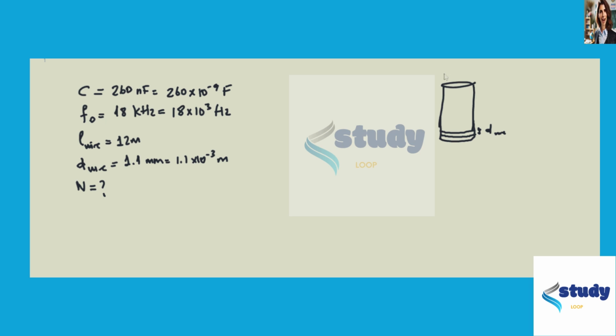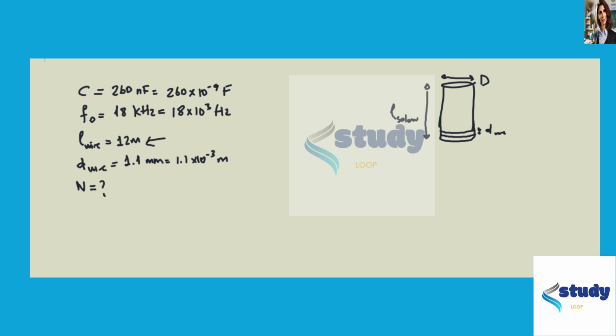The cross-sectional diameter, let's call it capital D, so we don't confuse it with the diameter of the wire. In the equations we're looking for the length of the solenoid, which is different than this L here. L is the length of the wire that is used.